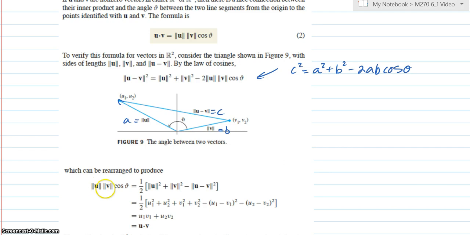And then solving for cosine of theta here, or actually solving for this term, you can bring this over, bring that there, divide by 1/2. And if you expand this out, we know that that is u1 squared plus u2 squared. Same with that one. And then this one would be u1 minus v1 squared plus u2 minus v2 squared, but with a minus sign in both. And if you multiply that out, you're just going to get this.